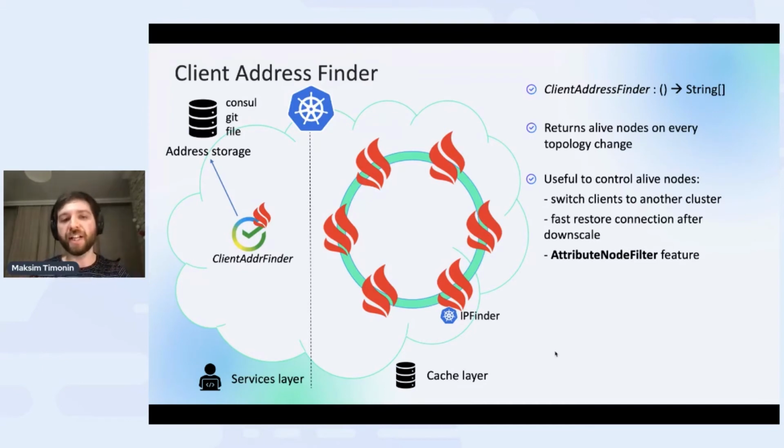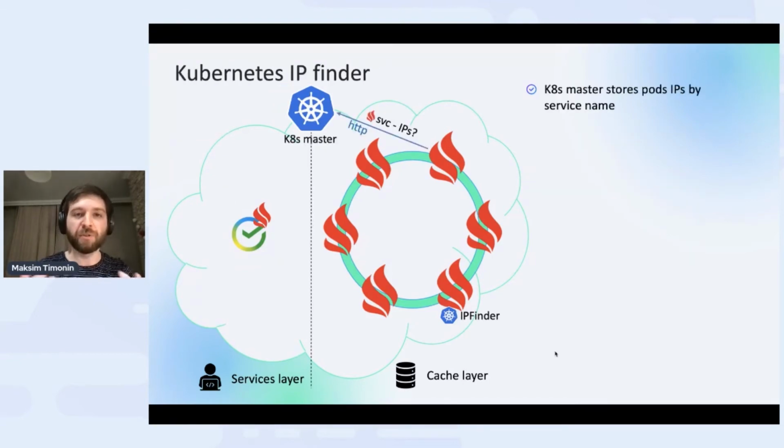But if you don't have such complex networking, for example, you don't have staging or you don't use node filter, and you just want the client to work automatically, you can just replace the address storage with Kubernetes. So how does it work? When you configure your cluster with the Kubernetes IP Finder, on start it goes to the Kubernetes master node and asks which IPs are registered for the Ignite service name.